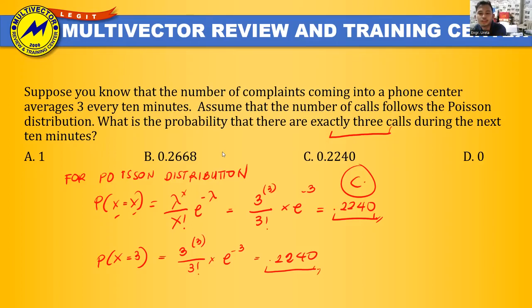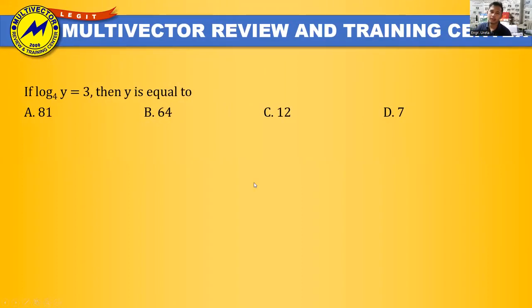Okay, so next question is problem number 72. Okay, problem number 72, sabi niya, if log y to the base 4 is 3, then y is equal to blank. Okay? So dito, solution 1.